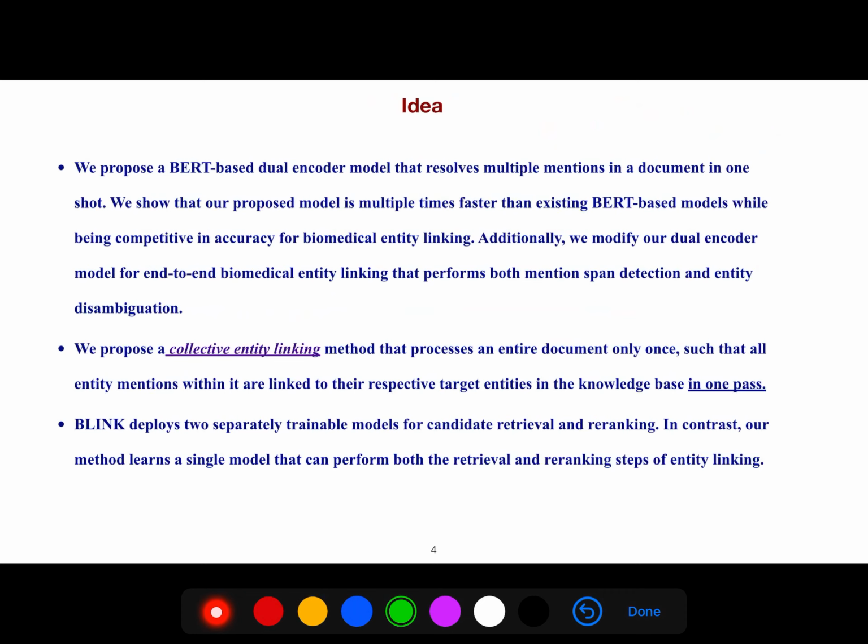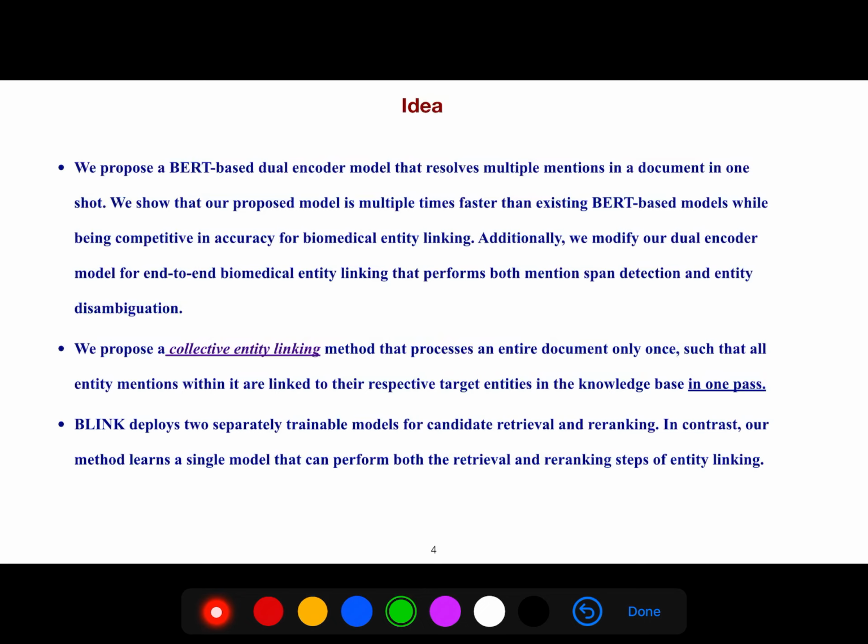So our idea should be practical, our algorithm should be scalable. So they propose a BERT-based dual encoder model that resolves multiple mentions in a document in one shot. We show that our proposed model is multiple times faster than existing BERT-based models while being competitive in accuracy for biomedical entity linking.